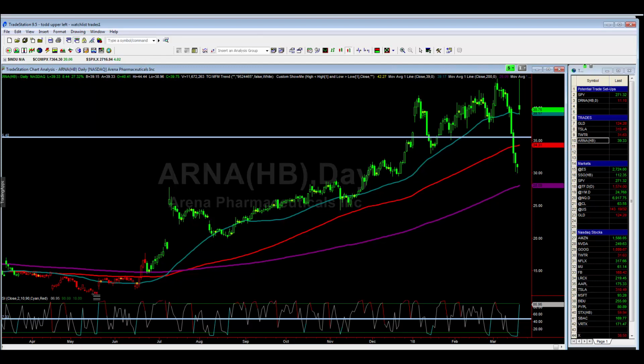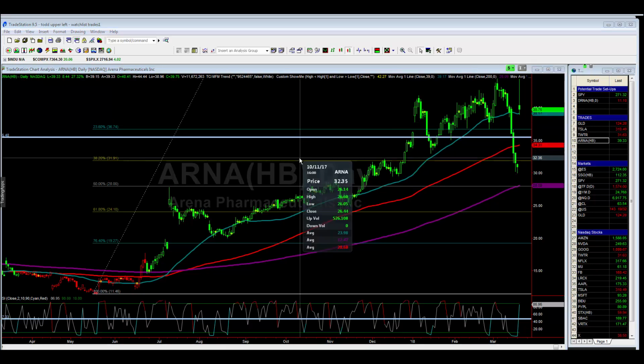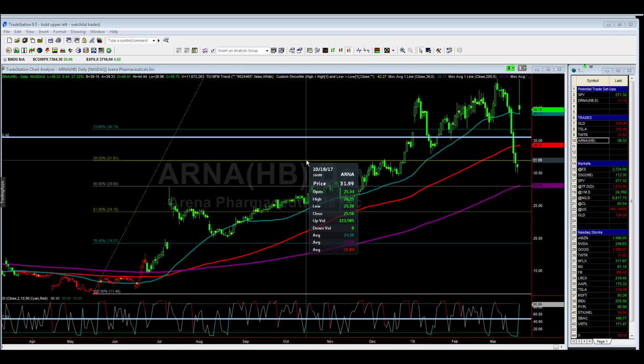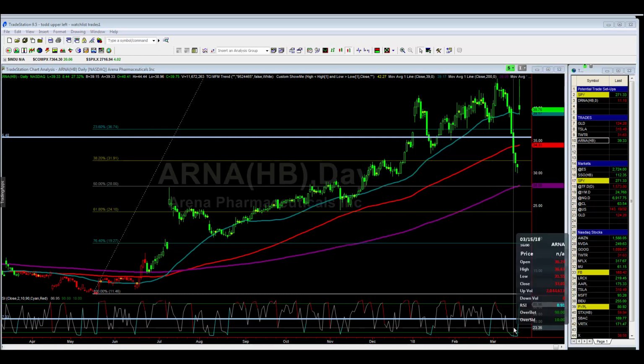You'd be drawing it from here up to there. And take a look at where we dropped. The 38.2% retracement is right there, 31.99 right here. Extremely oversold.